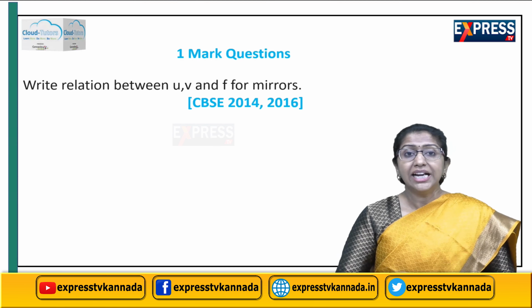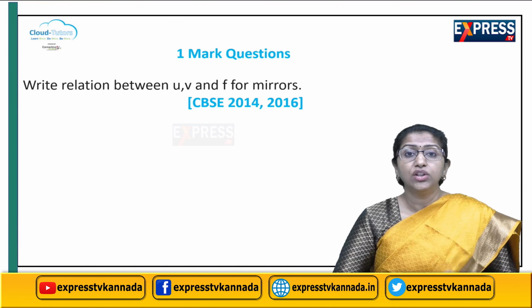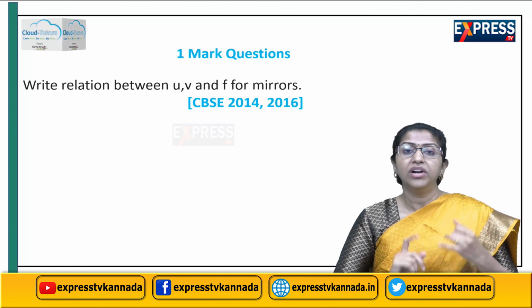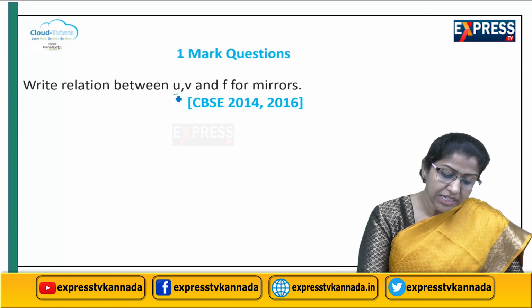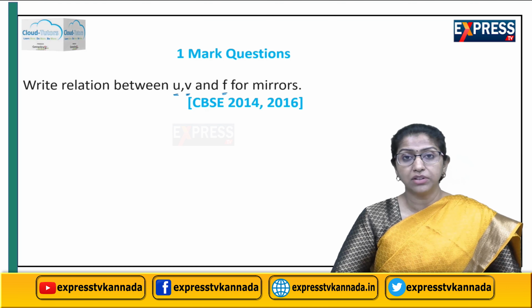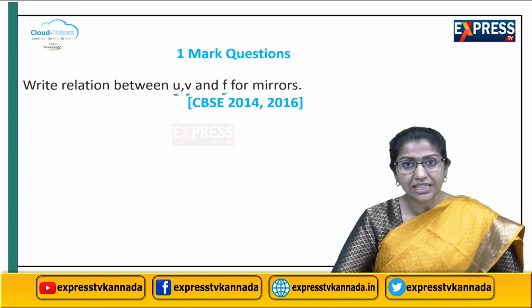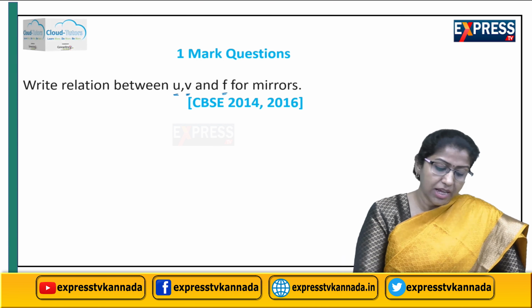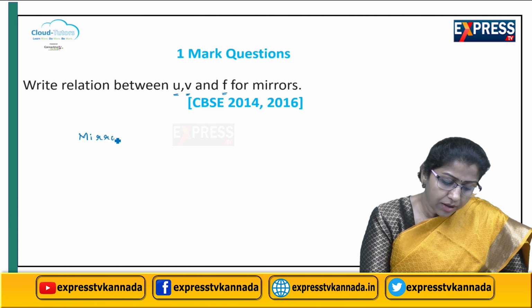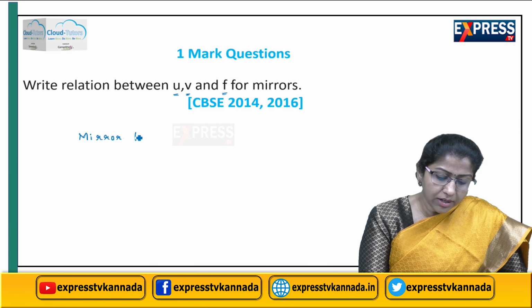Moving on. Write the relationship between U, V and F for mirrors. What is U? U is the object distance, V is the image distance, and F is the focal length of the mirror. So as we have already seen it, it's a very simple relationship. That is your mirror formula. What does mirror formula tell you?